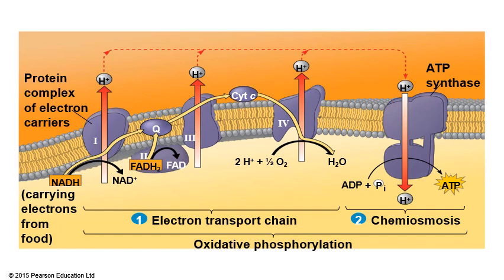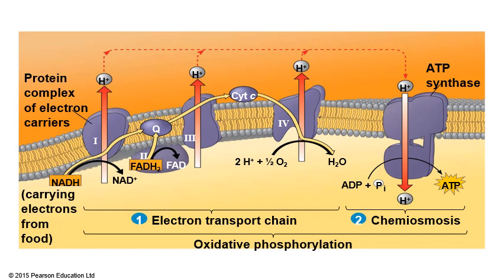They catalyze the phosphorylation of ADP into ATP. So they produce ATP by chemiosmosis.